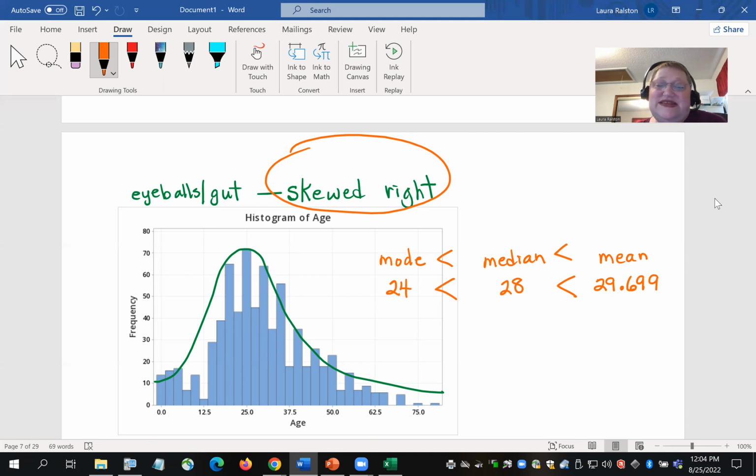So my first gut instinct of it being symmetric has been disproven, because once I see those numbers, 24, 28, and 29.699, those are not almost the same value, but they follow the guideline for being skewed right.